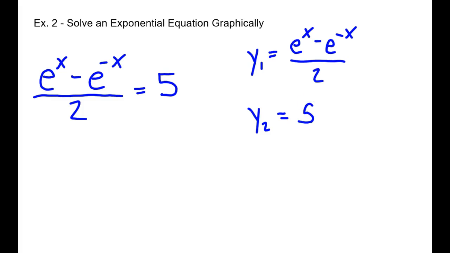And then what you're going to look at for your graph is where those two equations intersect. So you go second, trace button, option 5 is intersect, and you would find where these intersect, and you get that x value to be approximately 2.31.